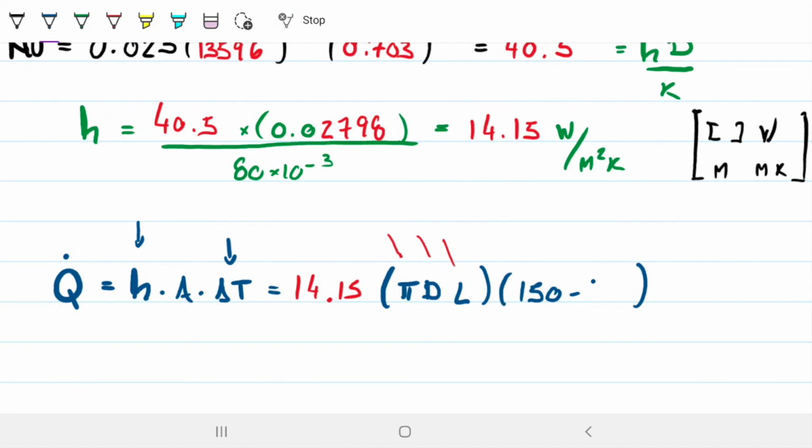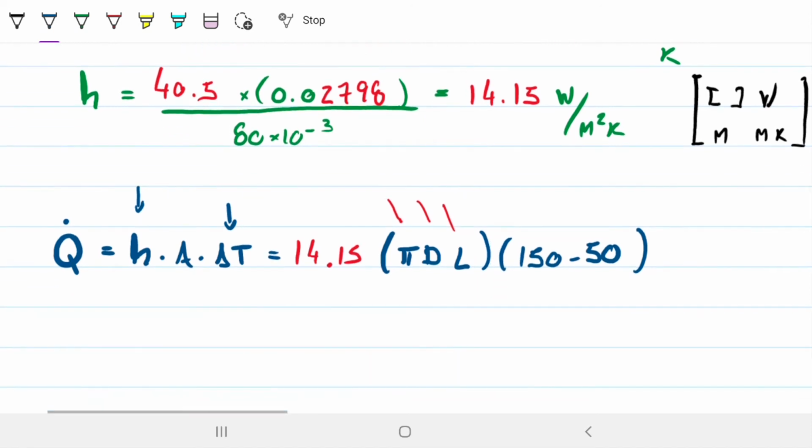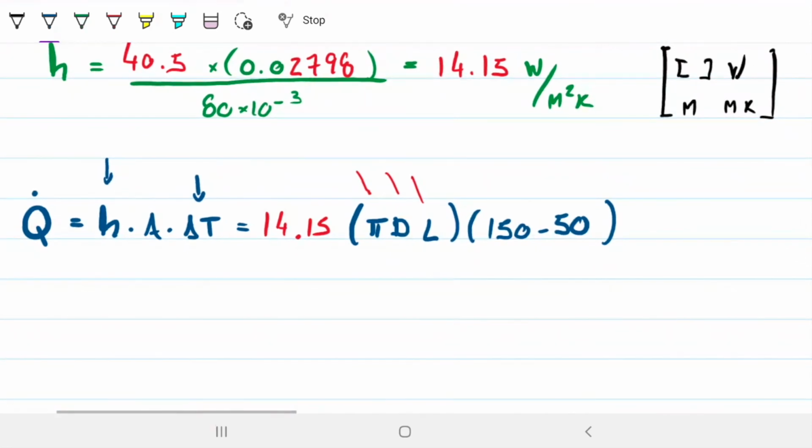So this is my new bulk temperature, because I assume my hot air is going to be leaving somewhere close to 60 Celsius. So therefore the more realistic bulk temperature is 50 as opposed to the 95, which was our original one, or the 40, which is the entrance temperature of the air, right? And this gives us 355.8 something. So let's just go ahead and once again approximate this to 356 watts.